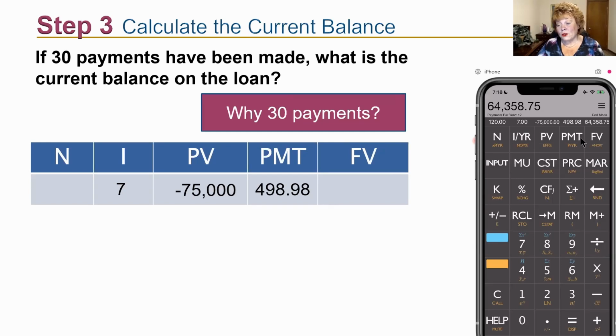To find out what effect, you would have to solve for one of them to see how it changes. So here we have 120 in N, but that's gone. We're now wanting to know if we've made 30 payments.